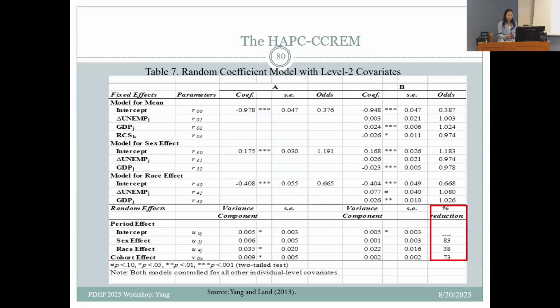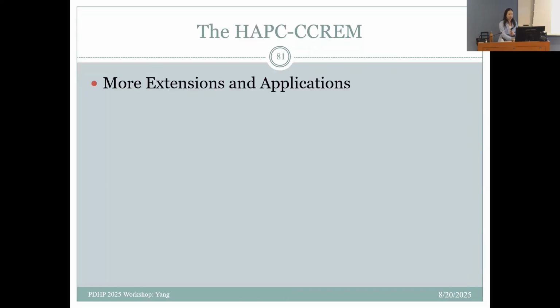So these are additional, more complicated analyses you could do by adding level 2 covariates. And I'll reiterate, because it related to a question earlier, that in additional examples I gave in the book, we used the same CCREM analysis to aggregate cancer rates data when the time intervals of those rate data are not equal.